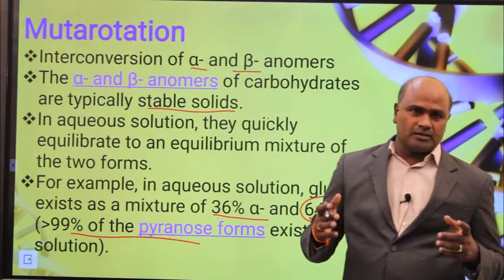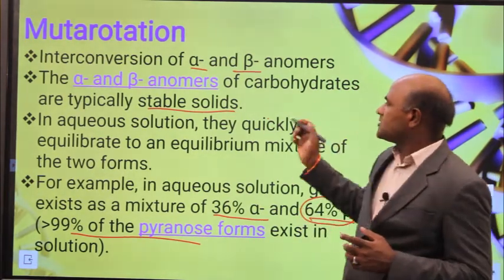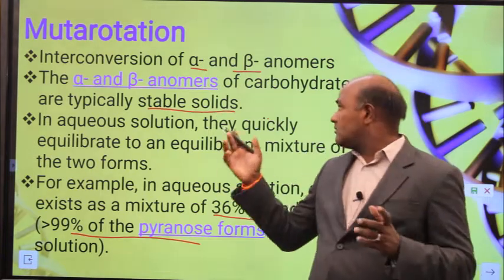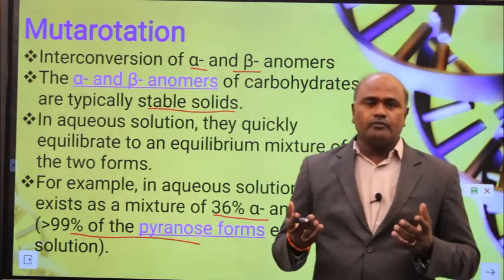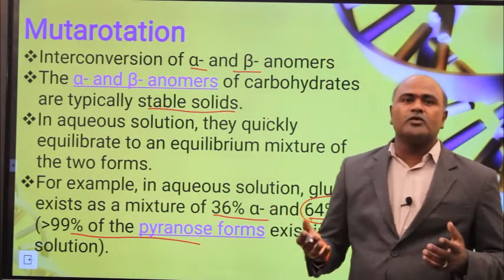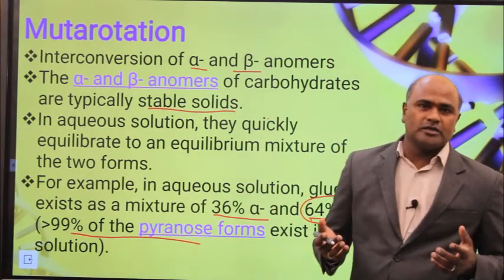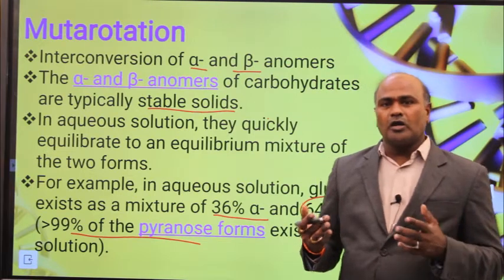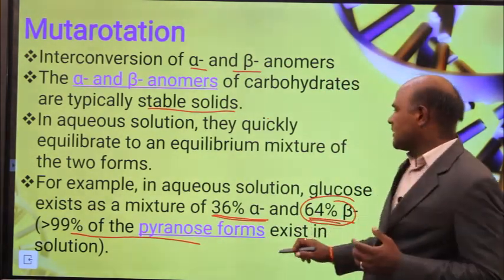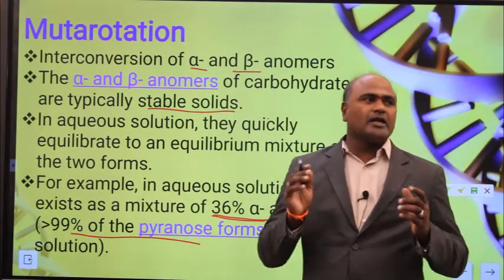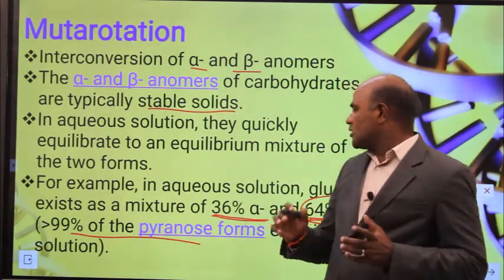Alpha and beta anomers of carbohydrates are typically stable solids, and when you dissolve them in aqueous solution they form two molecules, 36% alpha and 64% beta, with greater than 90% pyranose forms.